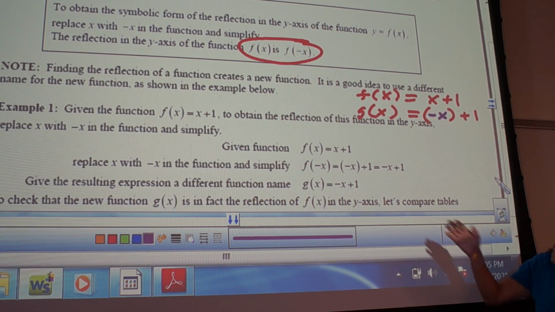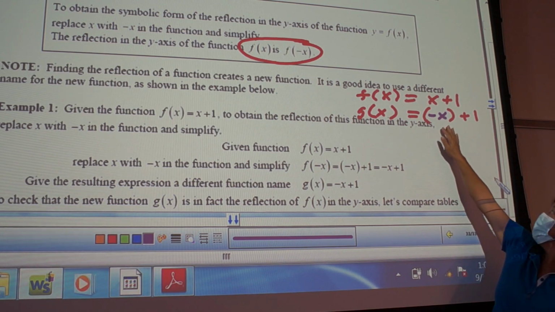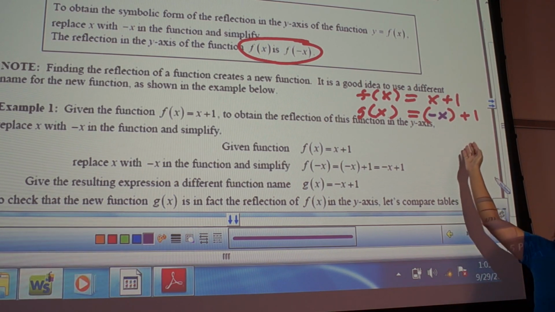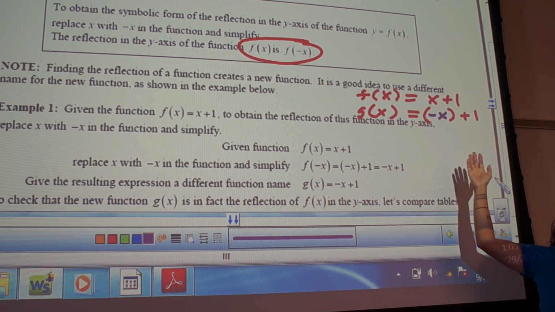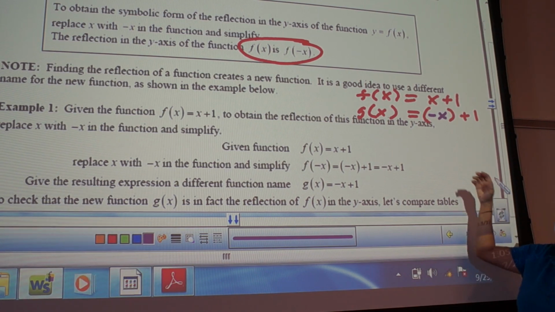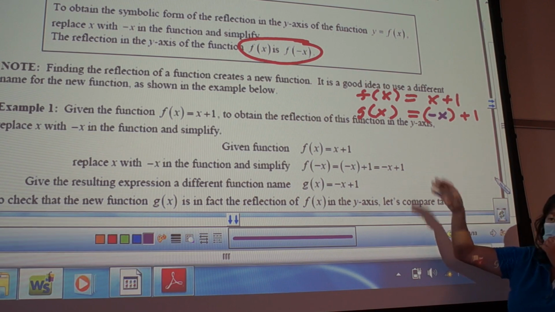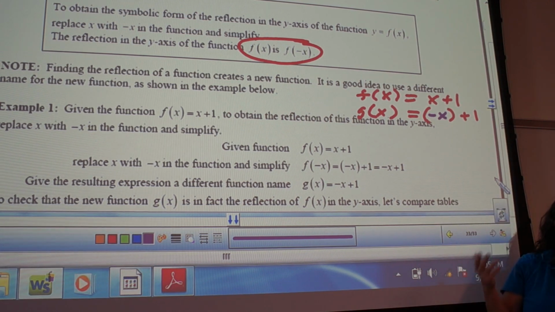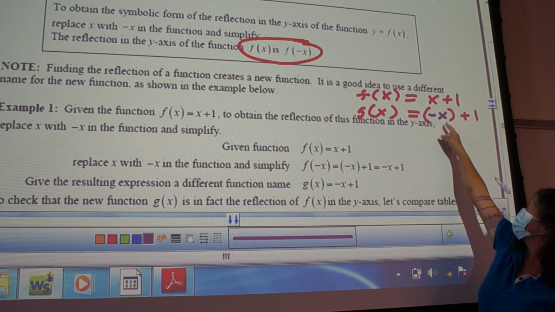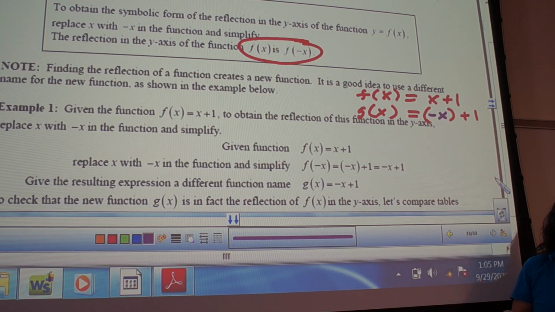So wherever I see x, I'm going to put parentheses and replace it with negative x. I want you guys to really get used to this idea of putting parentheses in for something and then replacing it with something else. So here I'm going to replace x with negative x. Substitution.